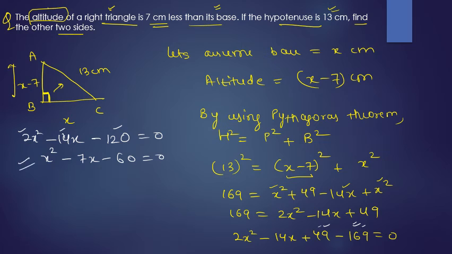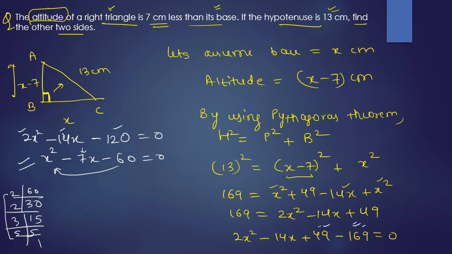Now because this is in the decreasing order of the power, what can you do? Multiply these two: 60 times 1 is 60. So take the LCM: 2 threes are 6, 2 ones are 2, 2 fives are 10, 3 fives are 15, 5 ones are 5, right? Now you have these factors. You have to arrange them so that you get minus 7x.